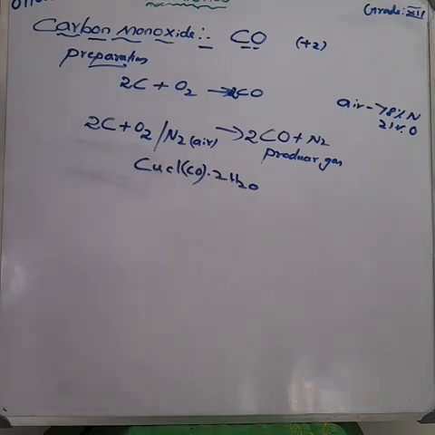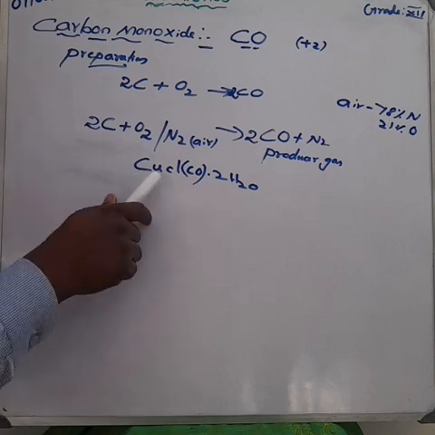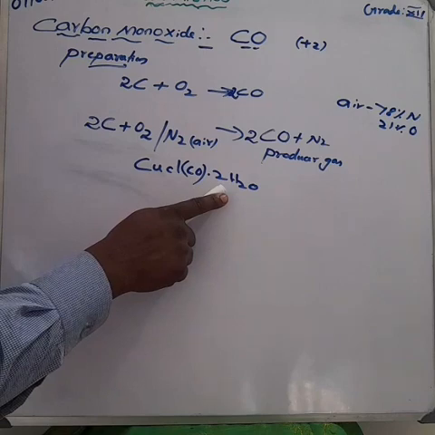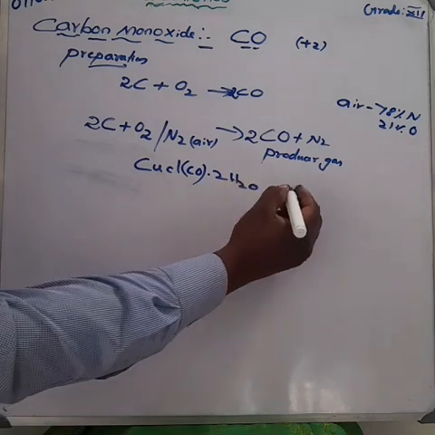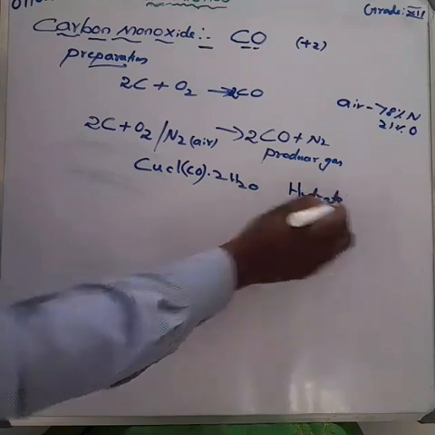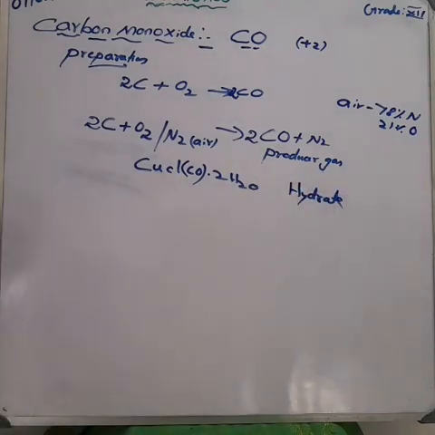Here I can say the name is copper(I) chloride dihydrate. Water can be said that way: dihydrate. 1 water means monohydrate. 2 water means dihydrate. 3 water means trihydrate. 4 water means tetrahydrate. 5 water means pentahydrate.